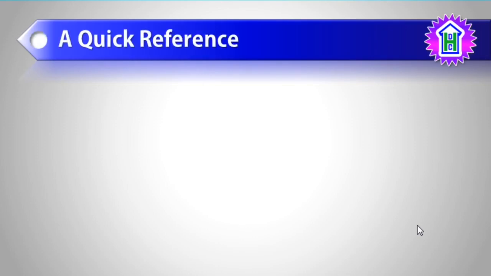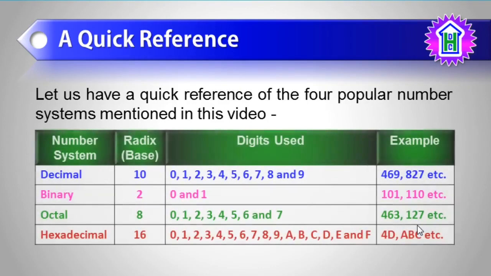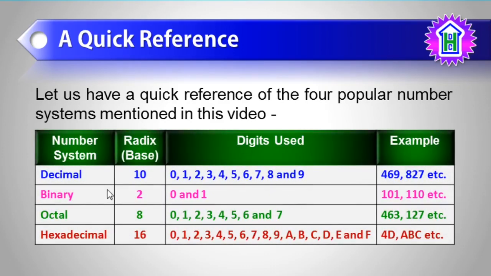So let us go through a quick reference of number systems. The 4 number systems which are popular when you work with the computer, I am just depicting those. The first number system is the decimal number system. Its radix or base is 10, because the number of digits used are 10.